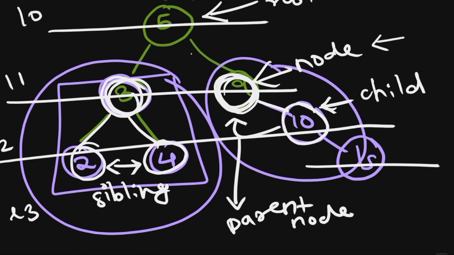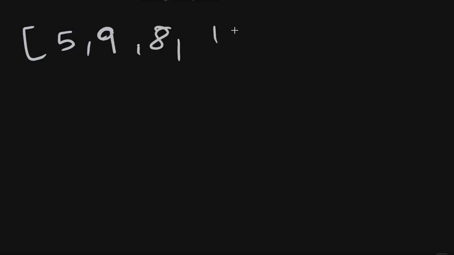So let's say we will be starting with some random numbers as given in the questions. You would be given a list of numbers. So let's just start with some random numbers: 5, 9, 8, 15, 2, and 3. We will be given these numbers.